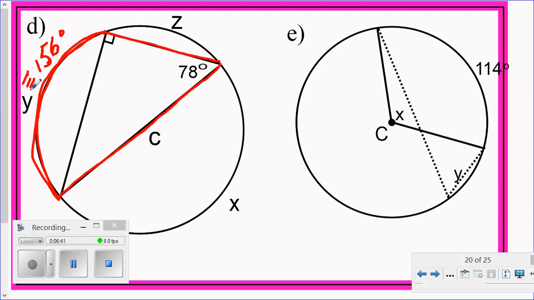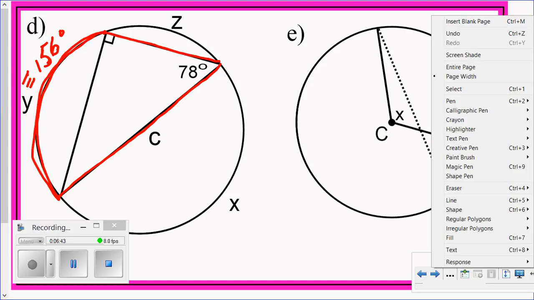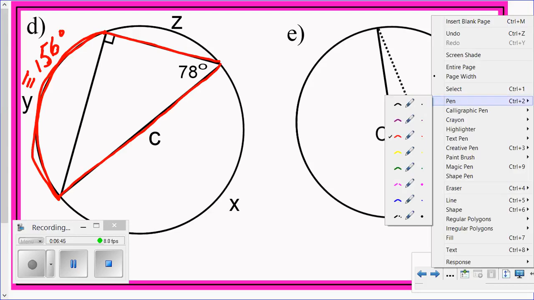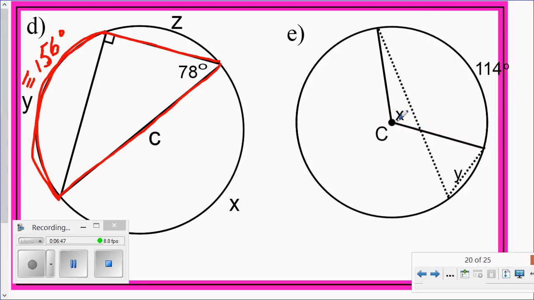So arc X, see if I can highlight this with a different color. Arc X starts there and ends there. So I can see that that is a semicircle, okay?